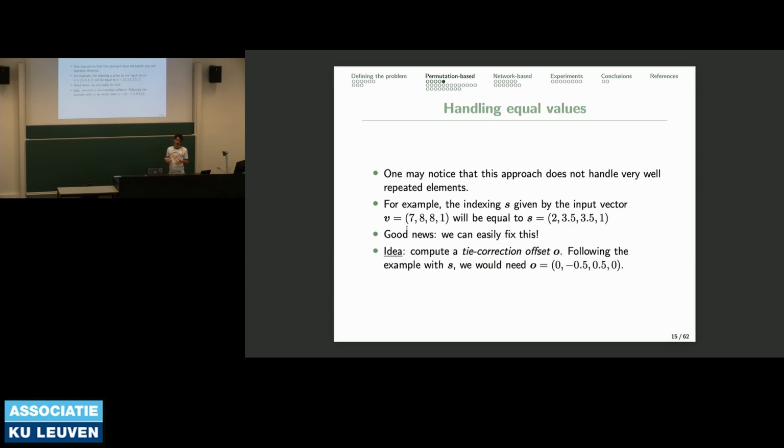It doesn't have any impact, actually, in the depth of the circuit. And the idea is to compute a sort of offset where we correct that indexing with this O, which actually takes the first 3.5 and brings it to 3, and the other is brought to 4. So we can correct this. But the bad news is that there are too many things, so you can find this algorithm in a paper, but I won't discuss this now.